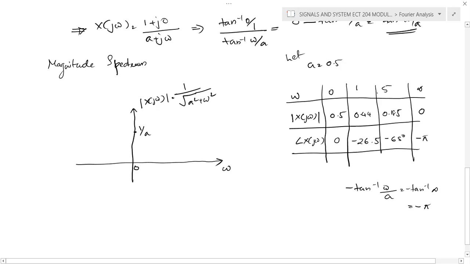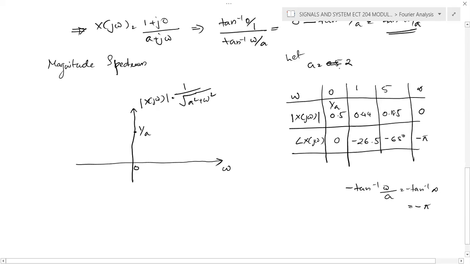Okay, you got an idea. See, it starts from 0.5, or 1 by a. Okay, this is 1 by a actually. Sorry, if you choose a is equal to 2, you'll get 0.5, something like this.